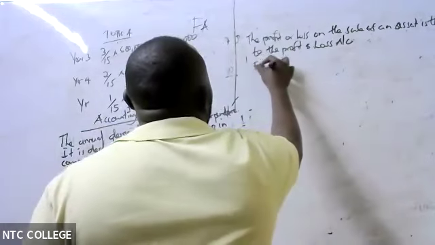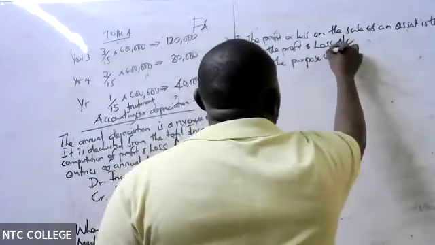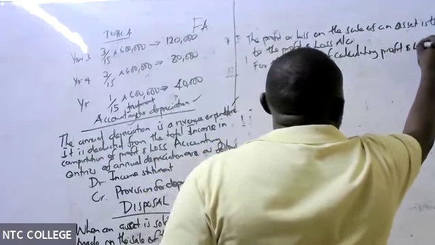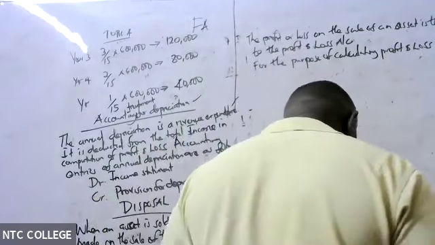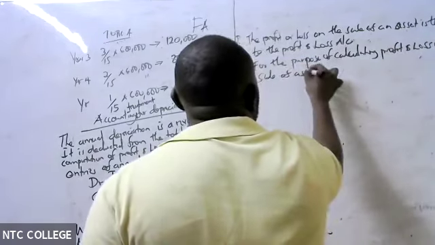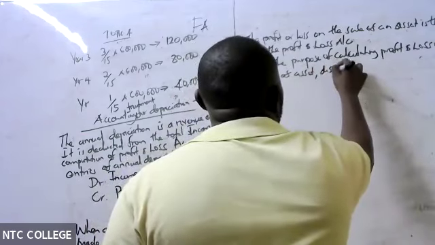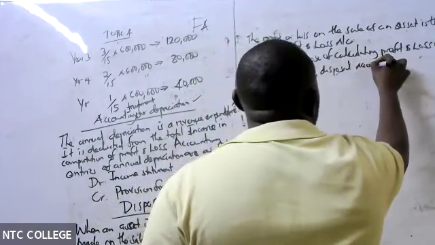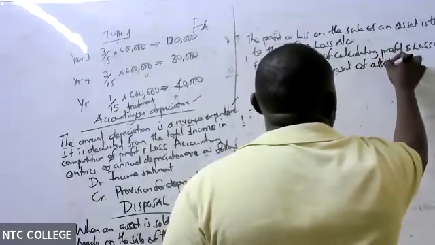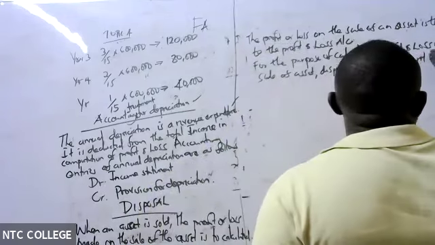So for the purpose of calculating profit or loss on the sale of assets, a disposal of asset account is opened.